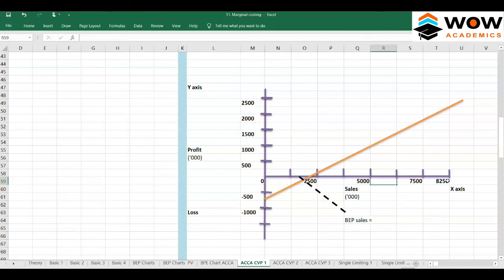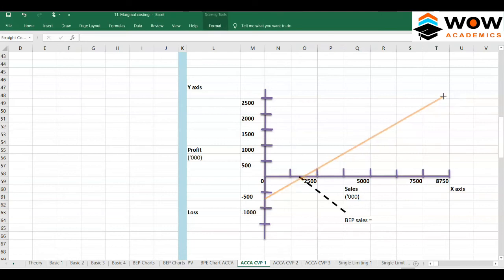Each box is 1,250. So I think this should be 8,750. So I think we got the idea. Approximately 8,750, we get this point.